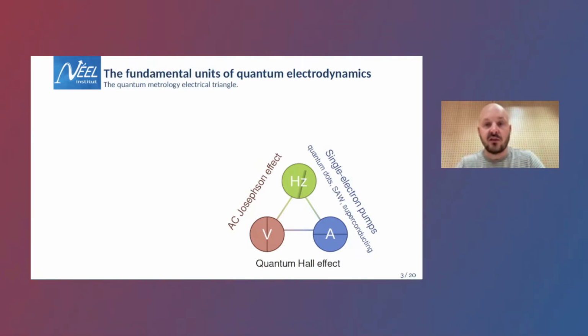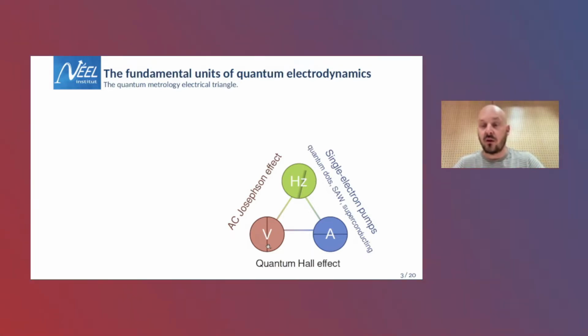The idea is to link 3 electrical units, namely volt, ampere, and hertz, via some quantum effect, or at least via some effects that do not depend on the size of the device or the way you perform the experiment. You really want to link these 3 units just by fundamental constants.